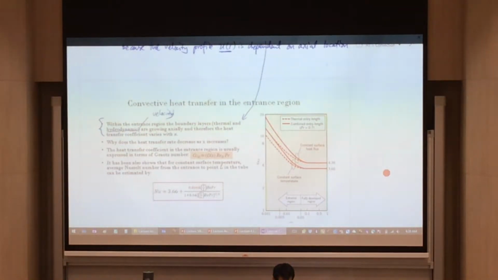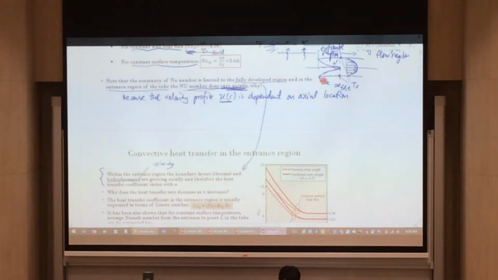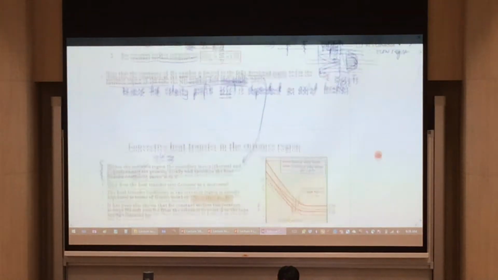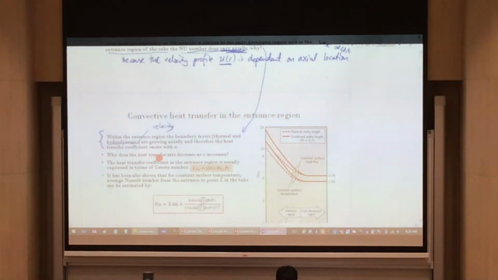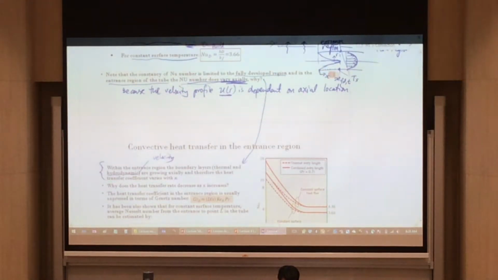So it asks, why is it that the heat transfer rate decreases as x increases? x, again, is measured from the entrance of your pipe. So why does the heat transfer rate decrease as x increases? As x increases, it's going along the pipe.